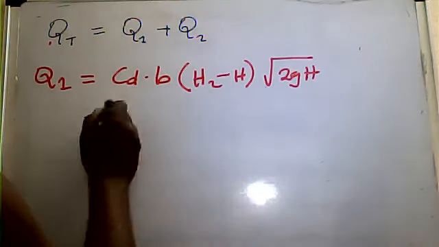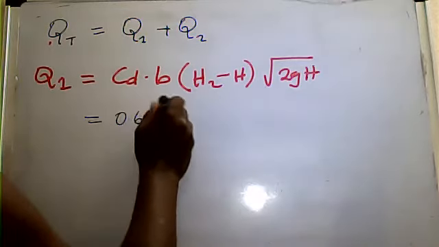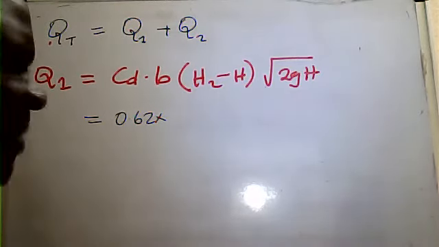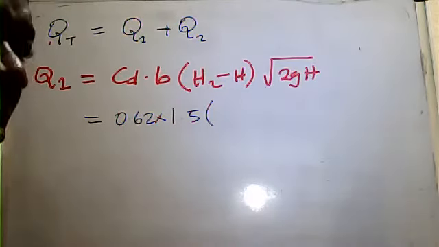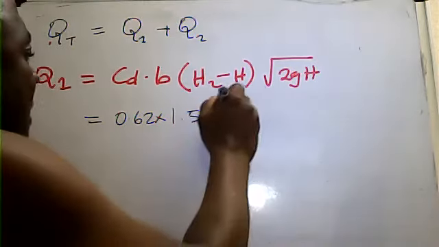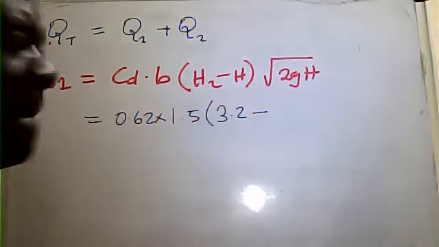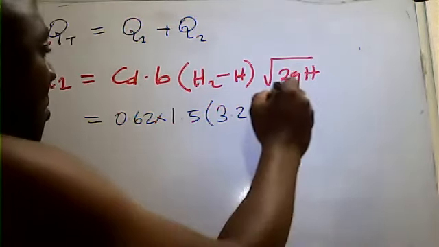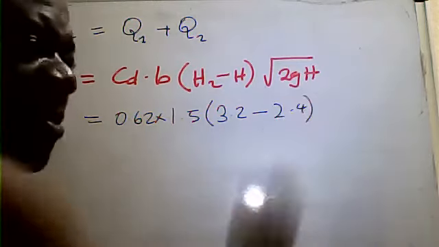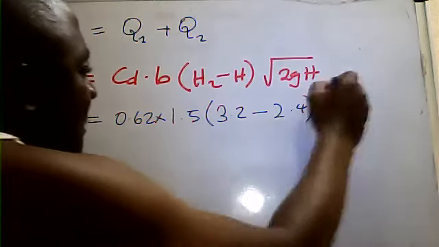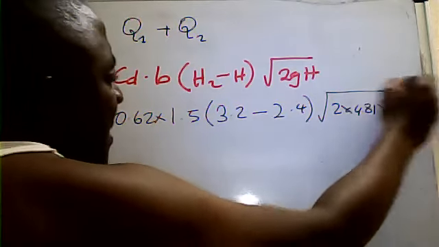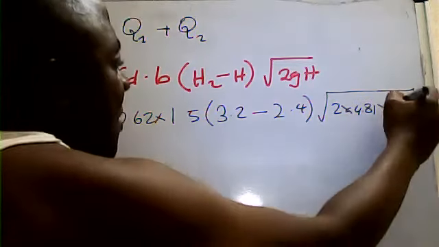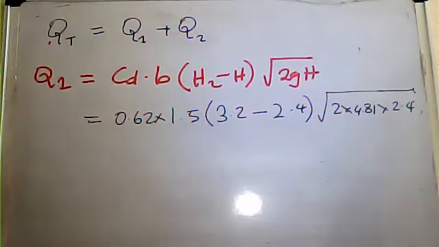So we have 0.62 multiplied by the breadth, 1.5, H2 we calculated, it was 3.2, minus H, 2.4, multiplied by 2 times 9.81 multiplied by H, which is 2.4.